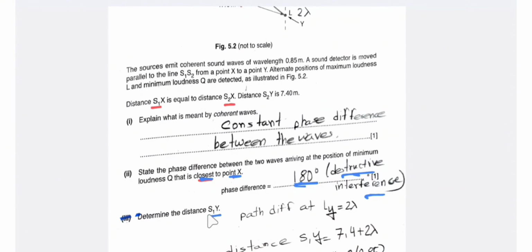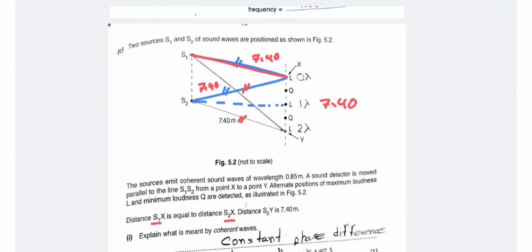So S1 to x is 7.40, and we need to find S1y. So what would be S1y? S1y would be S1x, that is this distance, plus this distance.